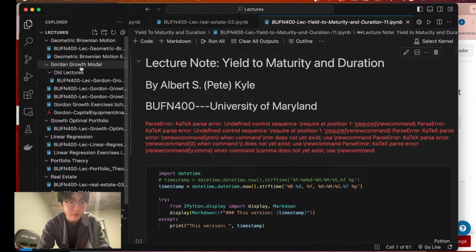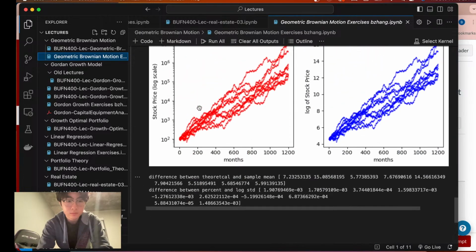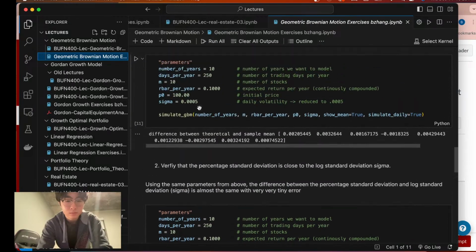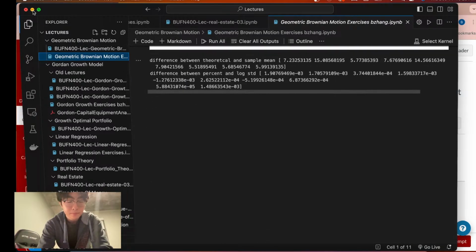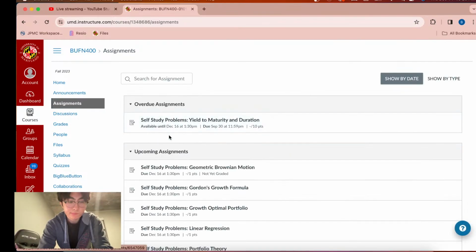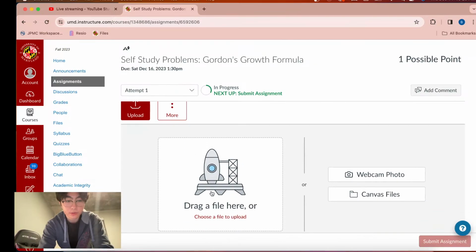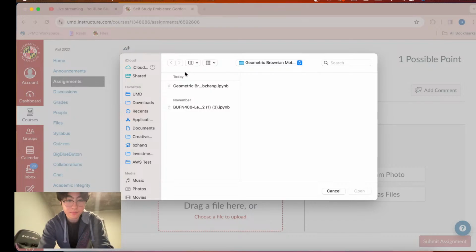I think this covered all of them, right? Self-study problem, yield to maturity, and duration. Okay. And Gordon's growth formula. Alright.